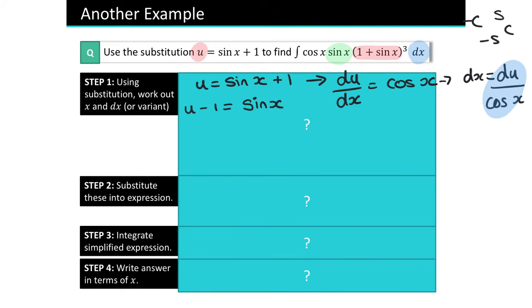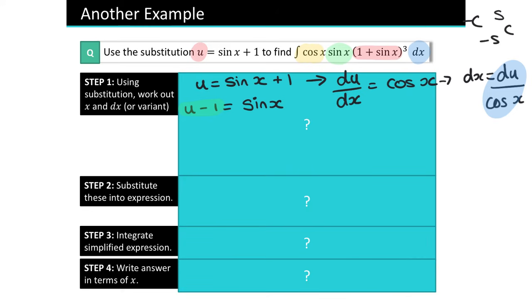What is it? Brilliant. Have I got cos x? I do, du over dx. However, that means I'm going to have 2 du's, aren't I? I've already used that. So can't quite do that.